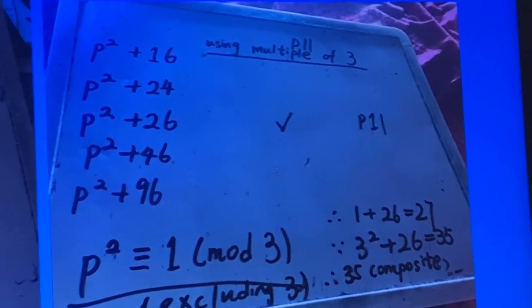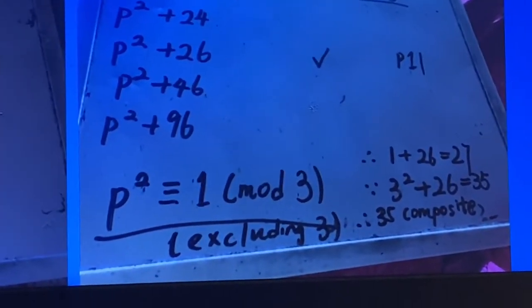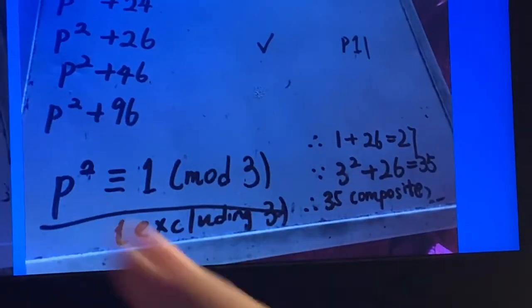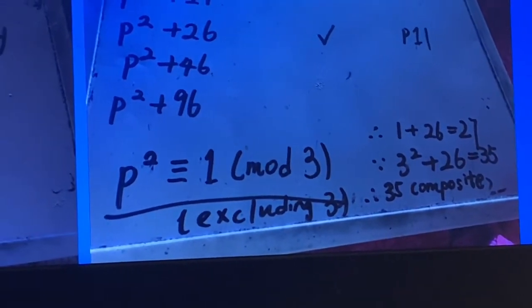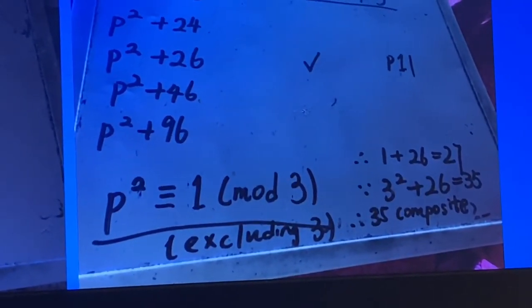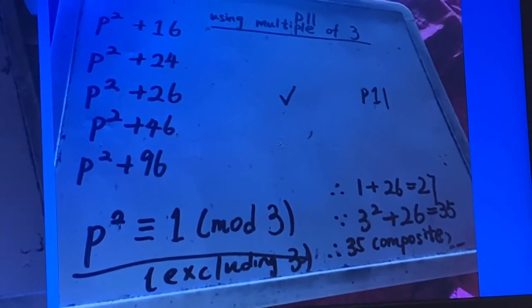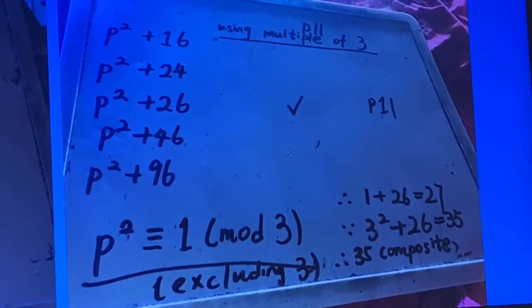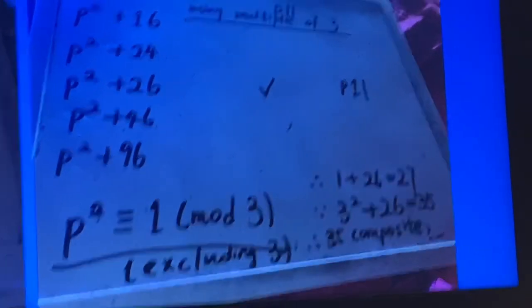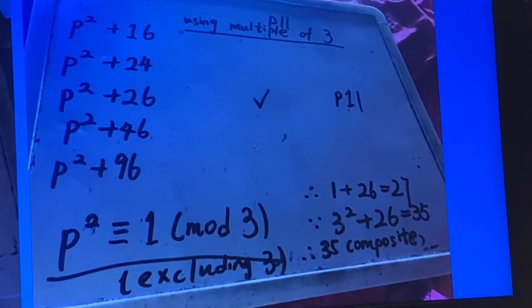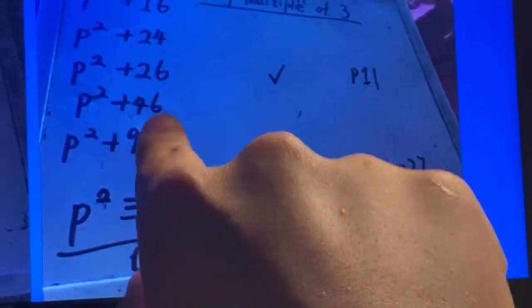So remember this rule: p squared divided by 3 always has remainder of 1 when p is prime, excluding 3. So we know that only this one will work, because it has the remainder of 1, and 1 plus 26 is 27, so only this one works.